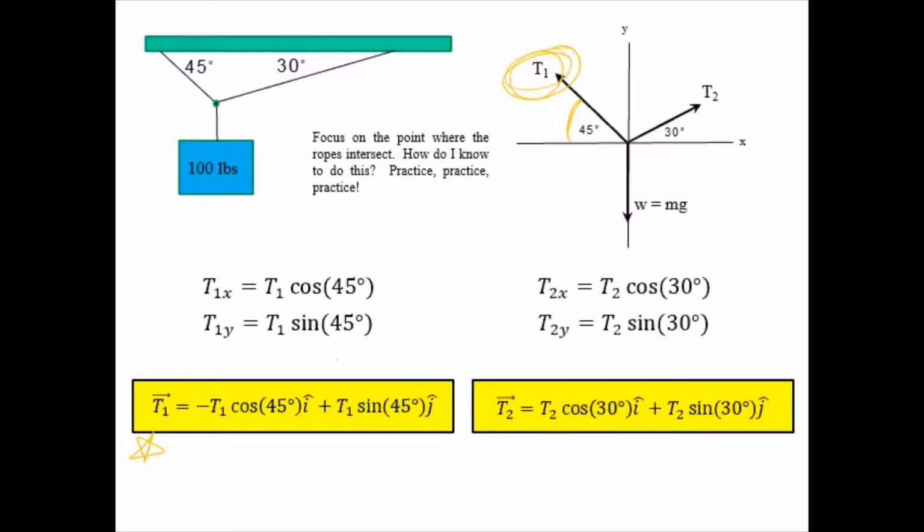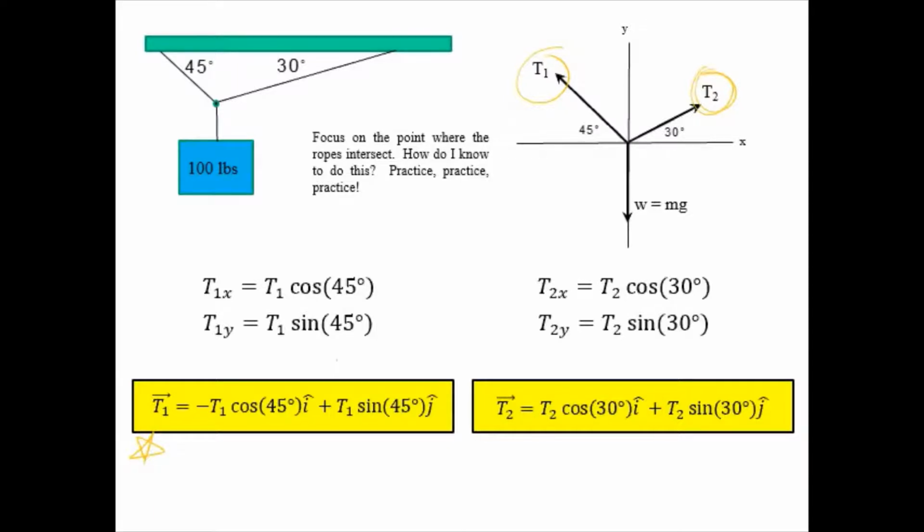So I do the same kind of thing for T2, except T2 here points at a 30-degree angle and it's pointing up and to the right. Over here, remember T1, because it's pointing to the left and up, I make sure my signs in my vector there are negative, positive. Over here with T2, it's over to the right and up, so both components are going to be positive.